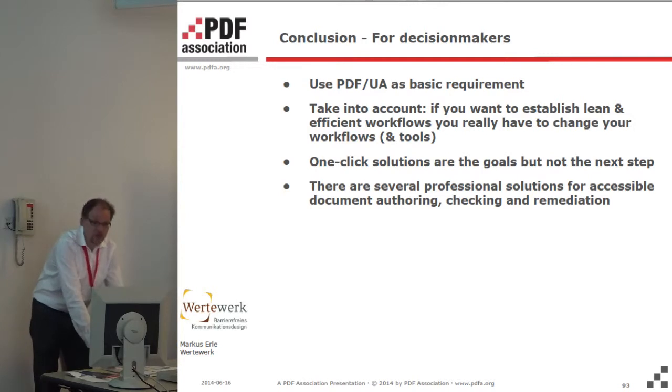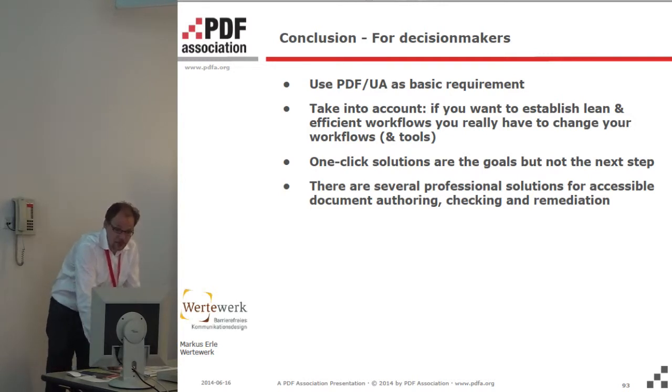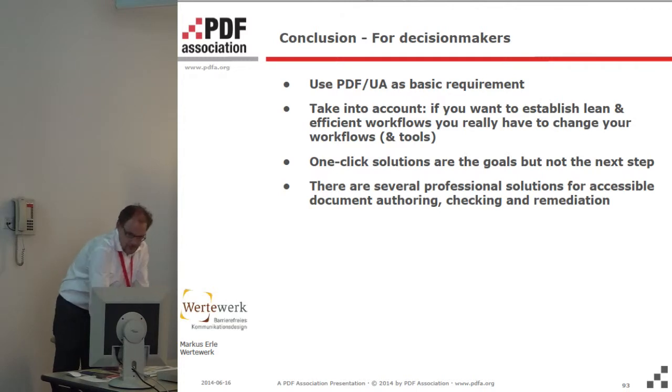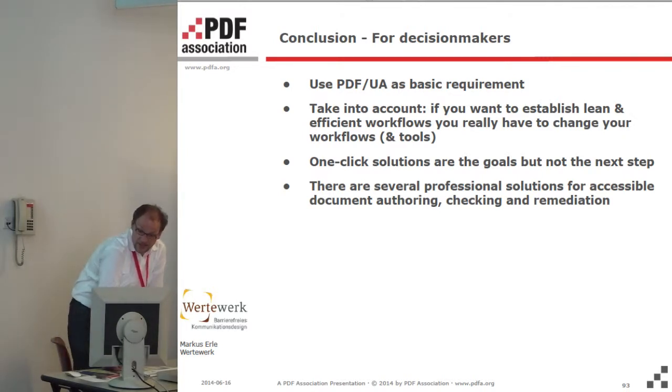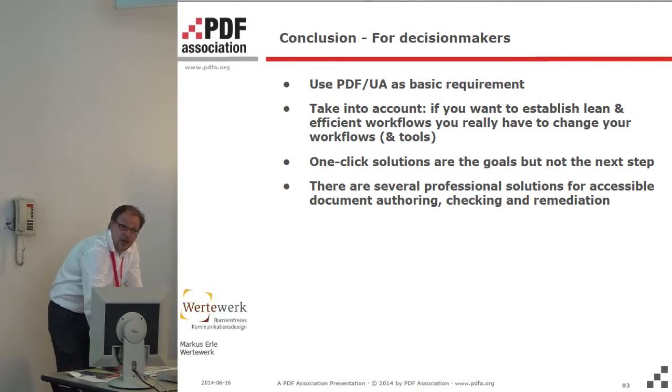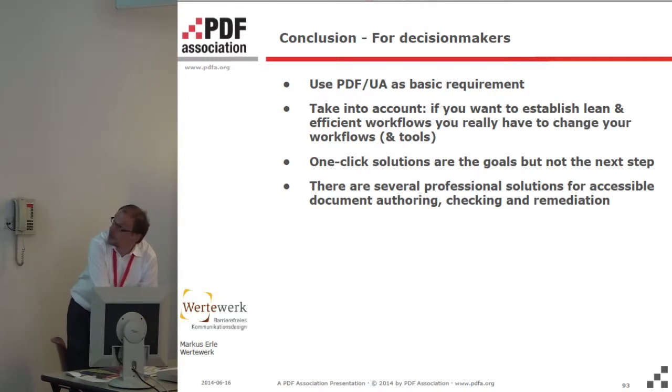Take into account that if you want to establish a lean and efficient workflow, you really have to change your workflows and your tools. And it would be nice to have a one-click solution, but it's not the next step, it's the goal, the one-click solution. And at the moment there are several professional solutions for accessible document authoring, checking and remediation.